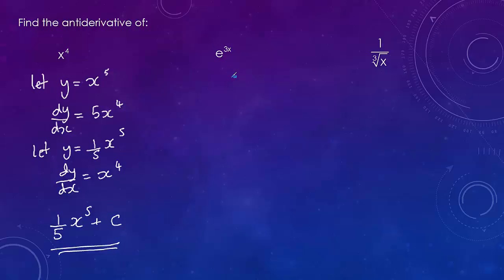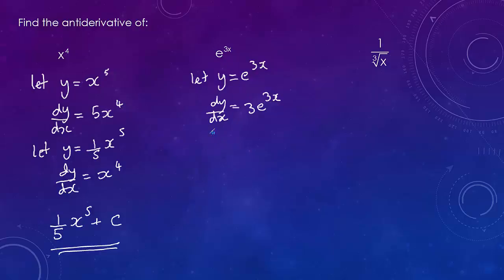Now let's think about e to the 3x. We know how exponentials differentiate, so let y be equal to e to the 3x. Then dy/dx would be 3e to the 3x, because we have to use the chain rule.